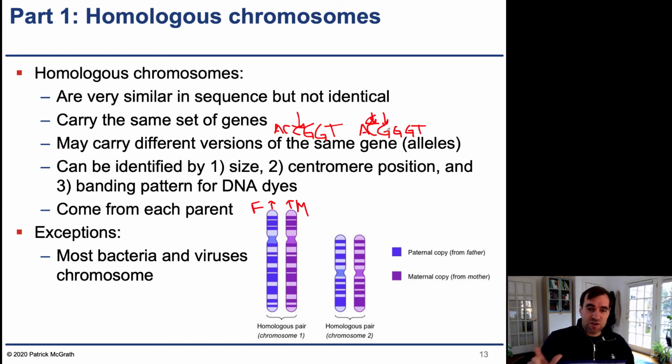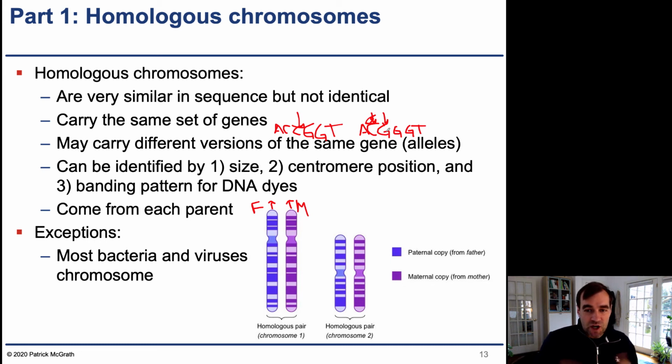So there are subtle differences in the nucleotide sequence, and that could lead to either subtle or profound differences in the function of the gene. This can be a cause of disease. Many diseases are caused by loss of function in a gene, so the gene no longer works. They could also have no effect; there are mutations that modify the nucleotide sequence but don't actually affect the function of the gene.